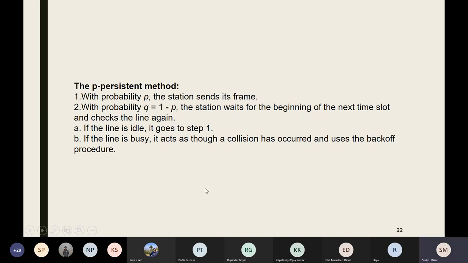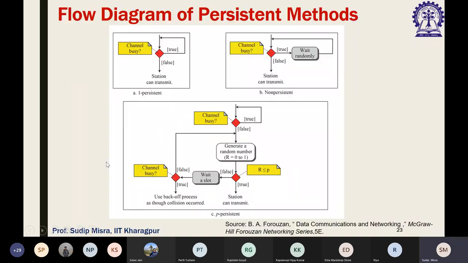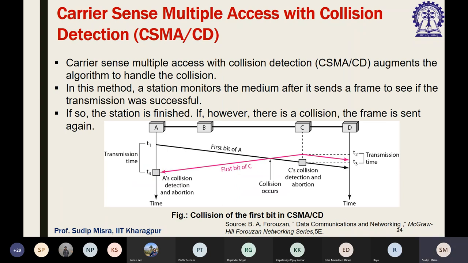So this is basically how the P-persistent method works. The corresponding flow diagrams are all given for you to go through. I'm not going to explain any further, but this is pretty simple. Whatever I have mentioned is given over here in the form of flow charts. Now, CSMA is quite good in terms of avoiding collisions with the help of this mechanism of persistence algorithms.